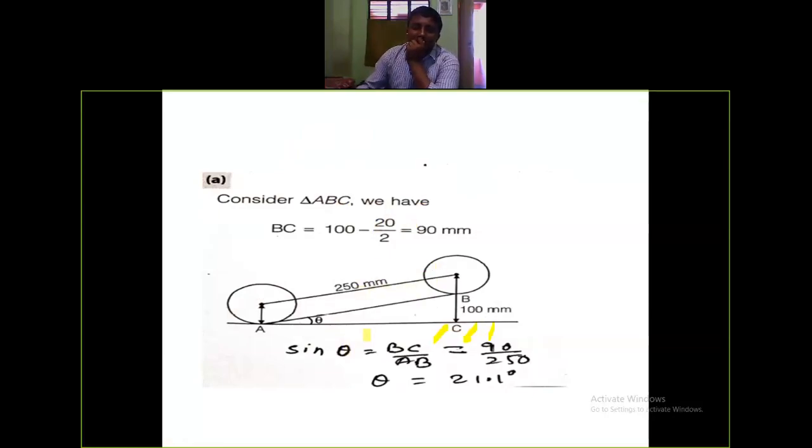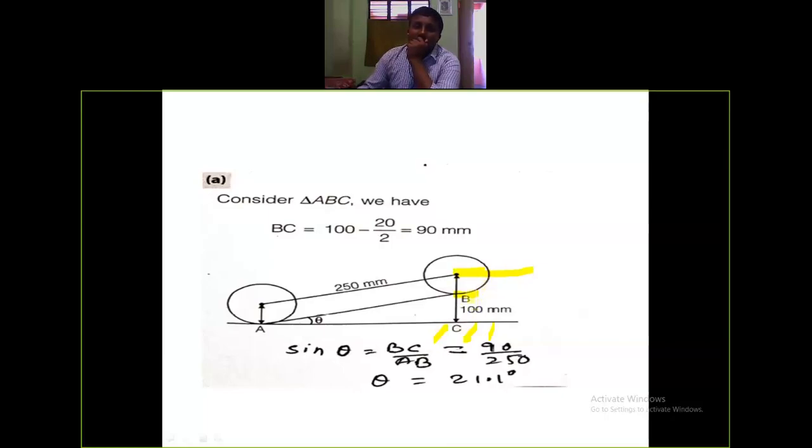That means the value of AB you know. So how will you calculate the value of BC? DC is given as 100 and the diameter of the roller is given as 20. So what will be the value of the radius? From there to there is the radius of the roller, which is given as 10.